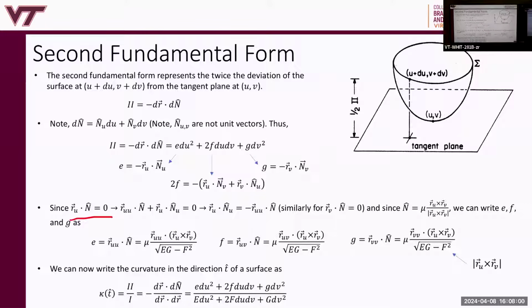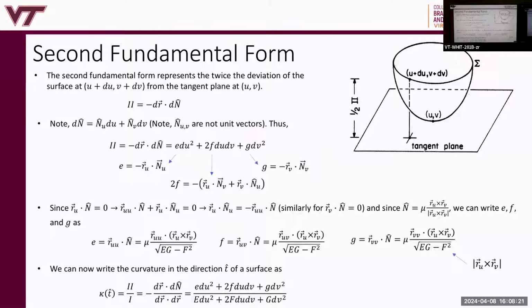So RUU dotted with n. Okay, so this is the product rule on this, right? If you use the product rule on this equality here, then you get this equality. So g times f prime plus f times g prime.